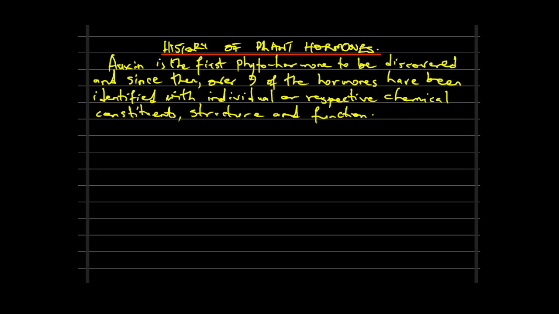So the effect of these hormones is felt at the meristem. I have said that earlier on, and I have told us what the meristem is. Some of these plant hormones are actually acidic.